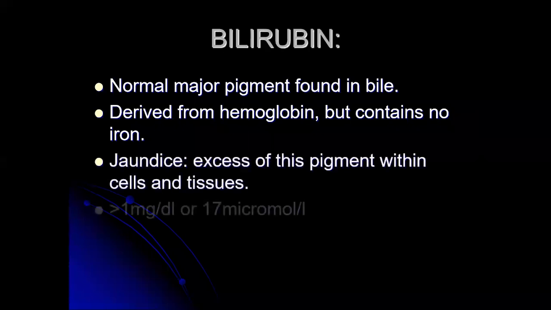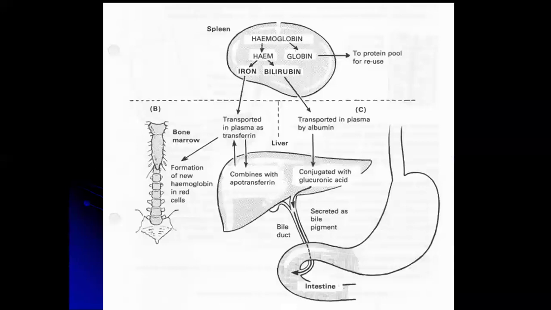When you break down hemoglobin, you have heme and globin. Globin is protein, so it's broken down to amino acids that go back to the protein pool. Then we have iron. In heme, we have iron and bilirubin.